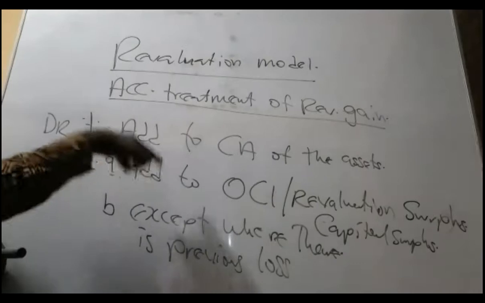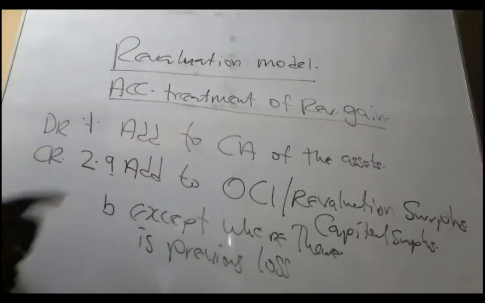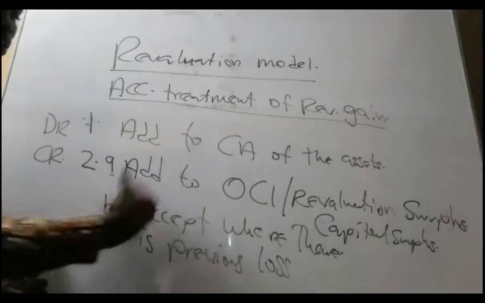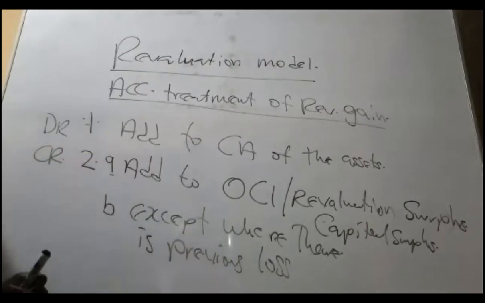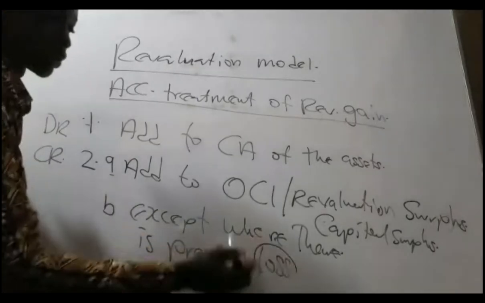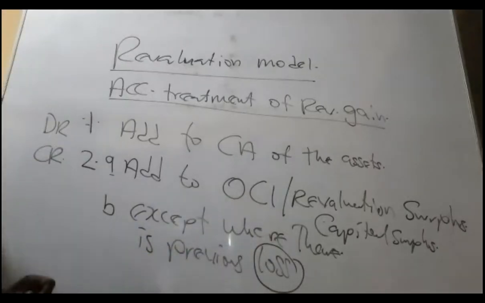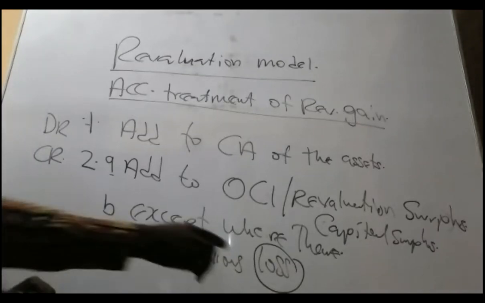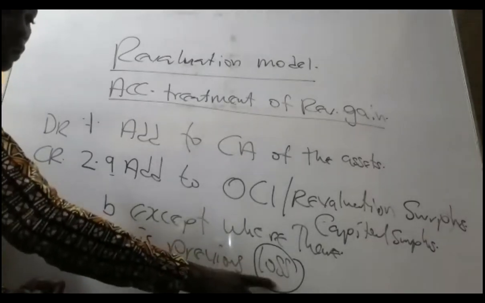But when you come to the OCI, ask yourself, do we have a loss coming from the same asset as a result of probably previous revaluation loss or even impairment loss? Every loss is a loss. These losses are two, impairment loss and revaluation loss. The treatments of them are the same.